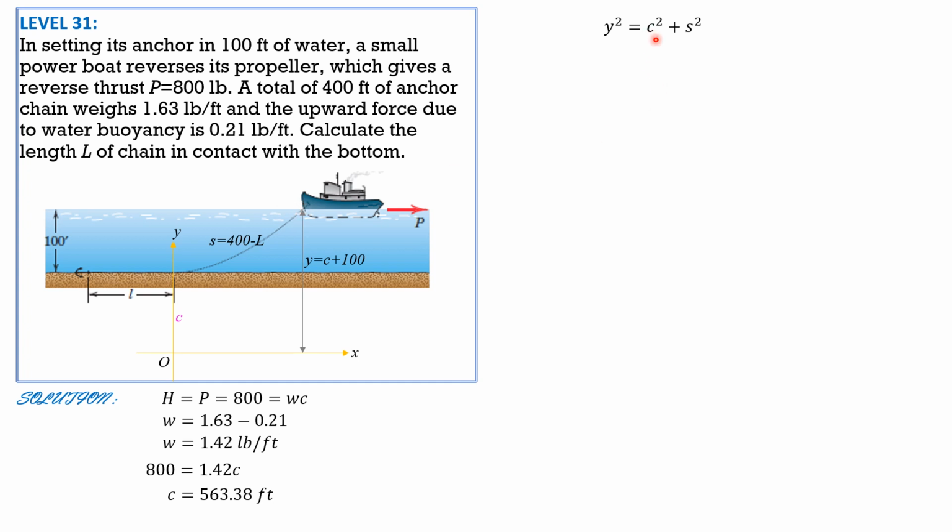So substitute, we can solve for S. So 563.38 plus 100 square equals 563.38 square plus S square. Therefore, the length of the cable S can now be found, and it is equated to 400 minus L. So from here, we can solve for L. And L is equal to 49.75 feet. So that's it for this problem.